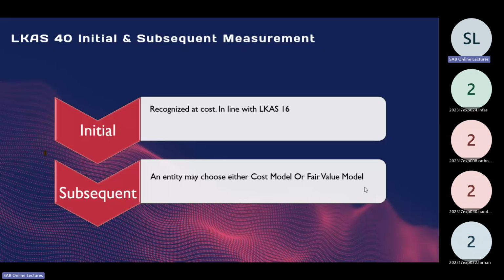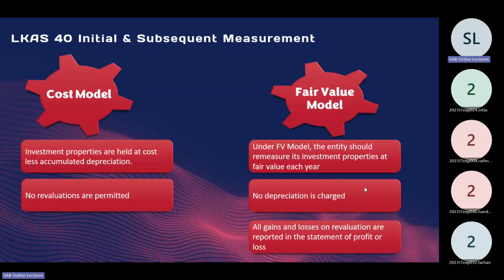After recognition, we can measure using the cost model or the fair value model. If you are measuring the investment property under the cost model, you have to apply another accounting standard, IAS 16 Property, Plant and Equipment.